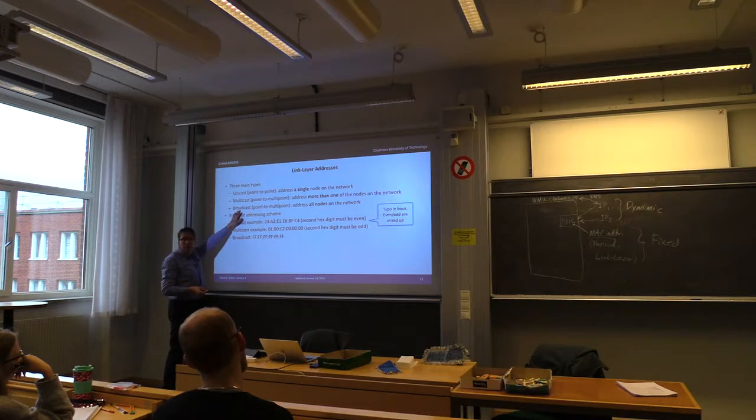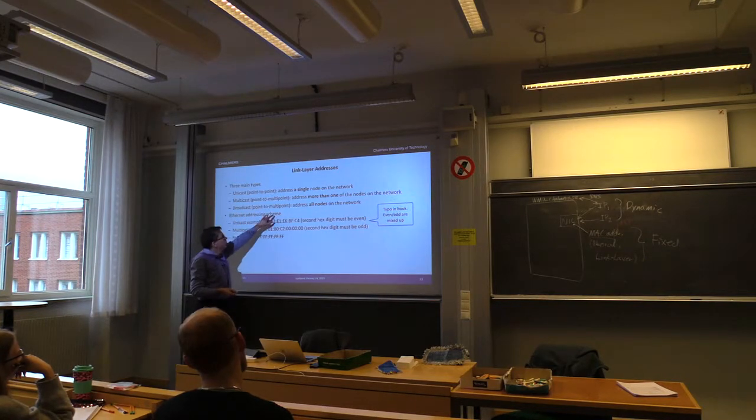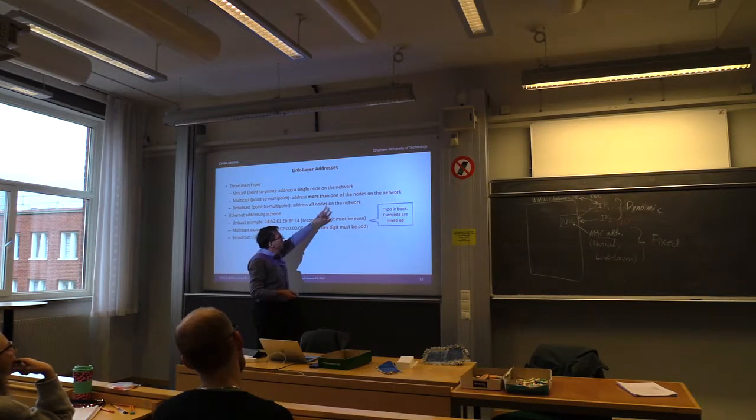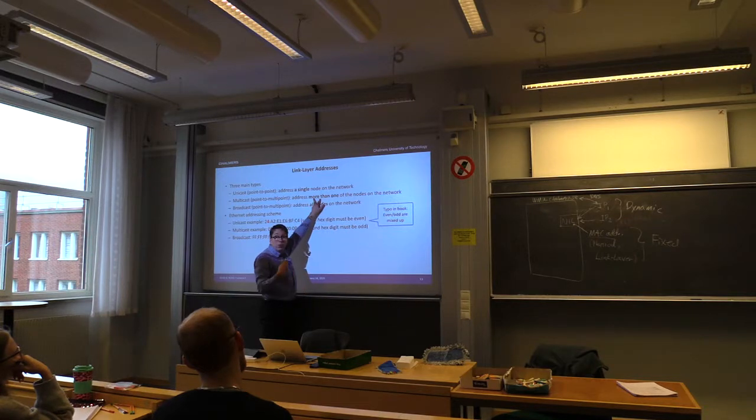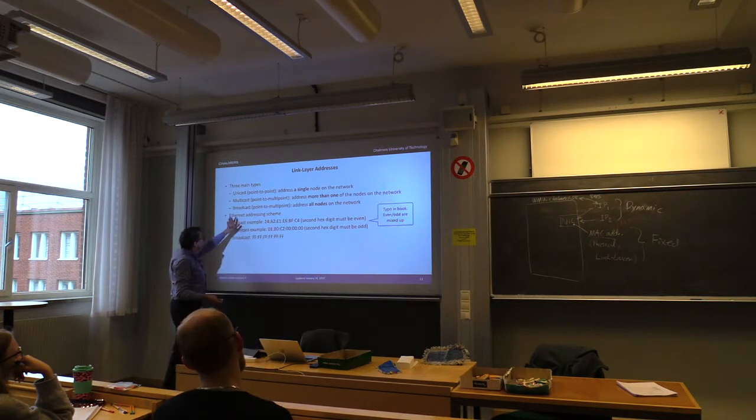And we also have broadcast addresses, which address all nodes on the network. So multicast addresses more than one node, but potentially not everyone, while a broadcast addresses all the nodes on the network. So for Ethernet, we have unicast, multicast, and broadcast.